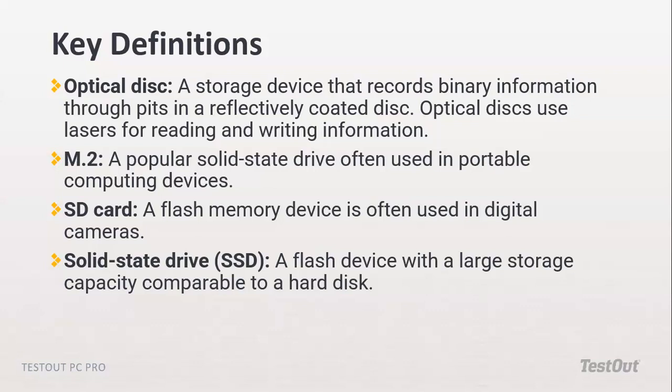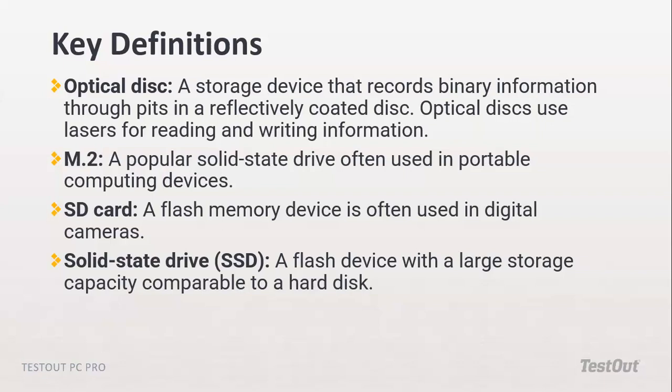Next, M.2 is also a popular solid-state drive, often used in portable computing devices. Same as you have an NVMe, which is a solid-state drive, they just differ in the way they are implemented. Basically, they are all solid-state drives, which means that instead of using any mechanical part like disk platters or magnetic fields to read and write data, they simply have chips in them, the same kind of chips that you find in your flash drives. So they use chips to store data, and it is very portable.